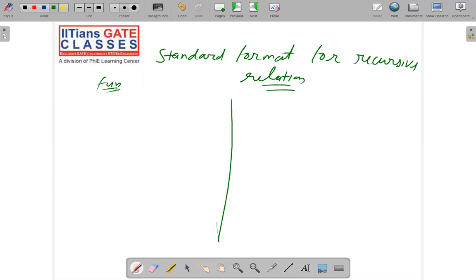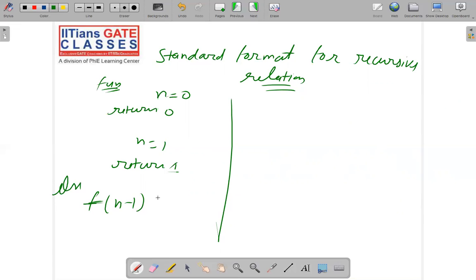The recursive function was: return 0 if n equal to 0, if n equal to 1, return 1, else Fibonacci of n minus 1 plus Fibonacci of n minus 2.